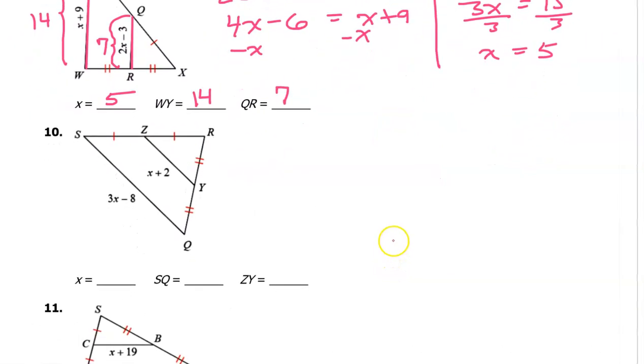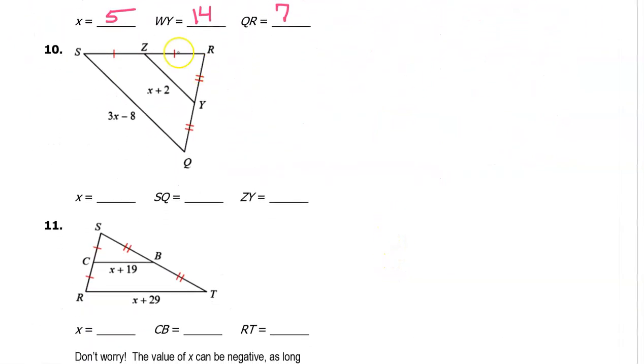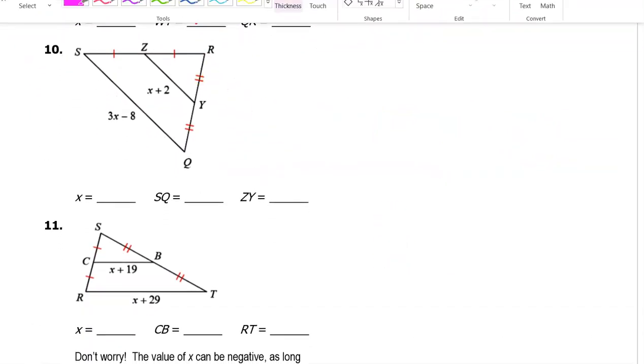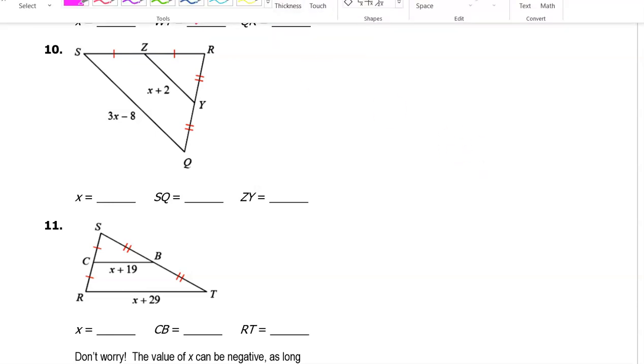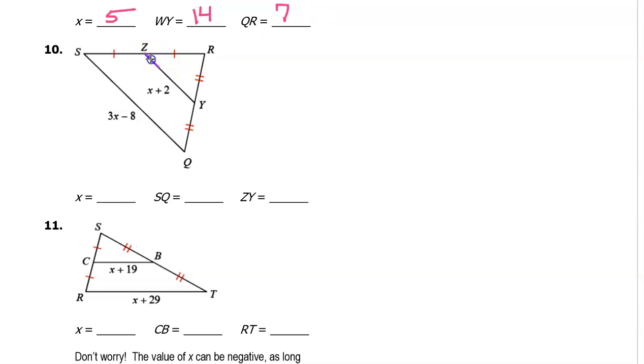Let's use the same logic on problem number 10. Let's switch over to purple this time. So here is the midsegment. It is parallel to this segment. So the midsegment is the half, and the parallel segment is the whole.